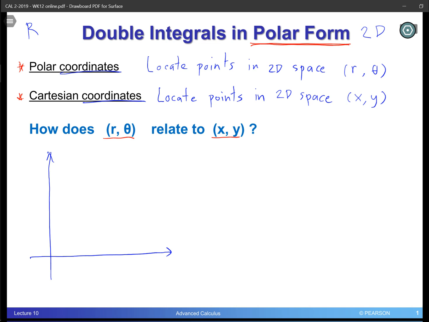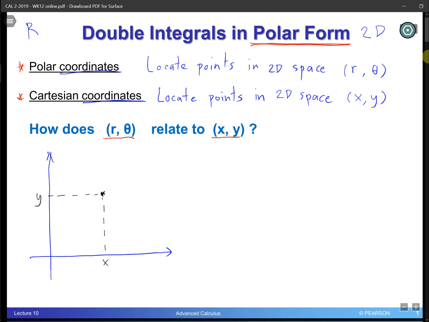Okay, so we have this graph with y-axis and x-axis, and let's assume that we have one point that we want to know the location of, maybe right here. Without any coordinate system, this point is just there. We just don't know where it is. But if we have the Cartesian coordinate system, we can say that, hey, this point has an x value right here, and not just that, it also has the y value right there.